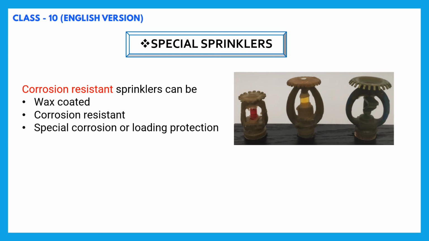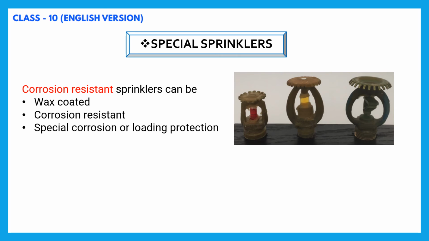For corrosion resistant sprinklers, please note it is very important to use the right sprinkler for the right condition. These sprinklers are found in locations such as metallurgical smelters, power plants, semiconductor fabrication facilities, and chemical processing plants. These are used in locations where chemicals, moisture, or other corrosive vapor exists.